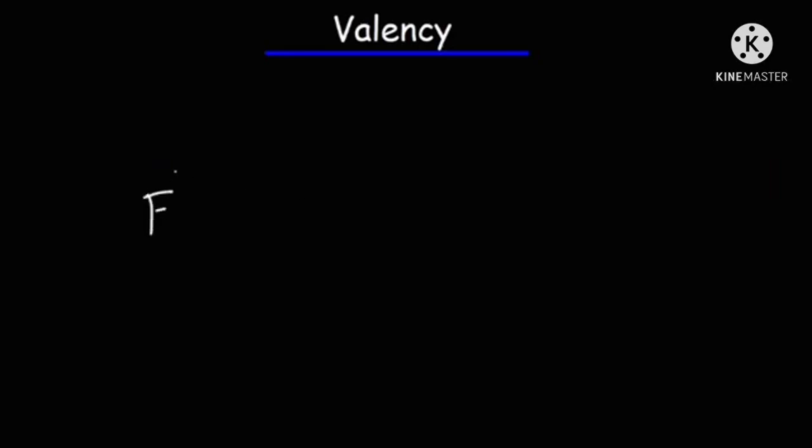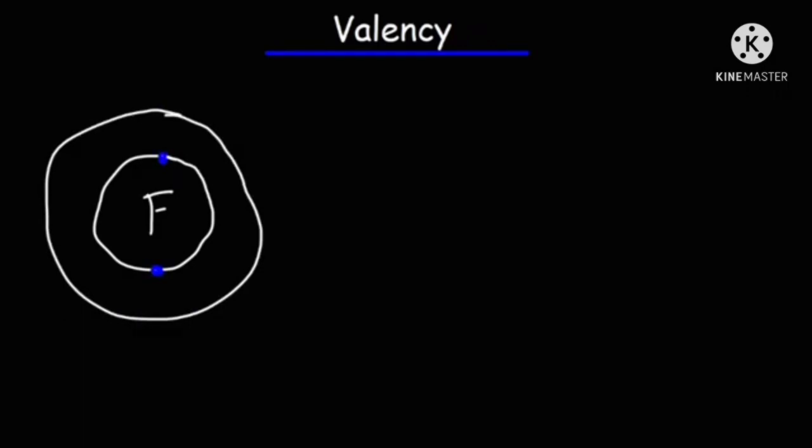Take the example of fluorine. In the first orbit we have 2. Take the case of the second orbit. Distribute its electrons based on its atomic number, my dear children. Valency electrons is 7. Valency electrons means the electrons in the outermost shell.